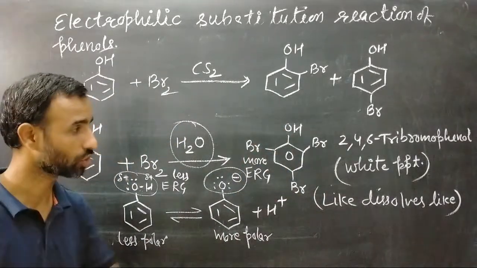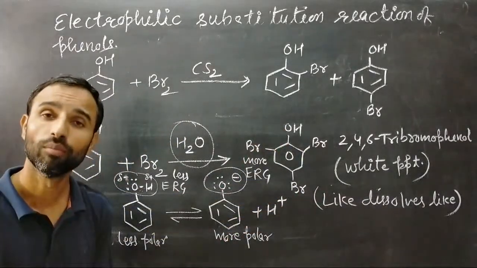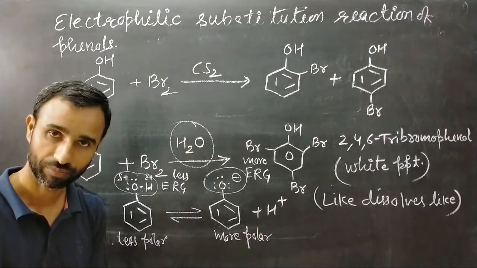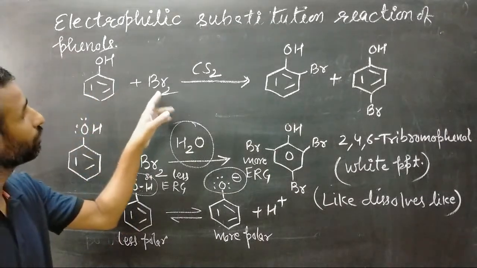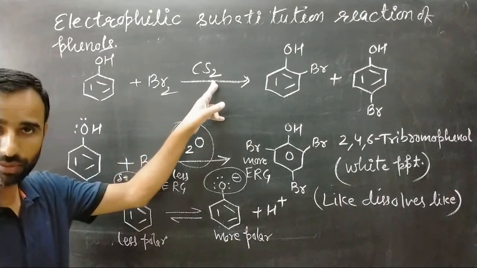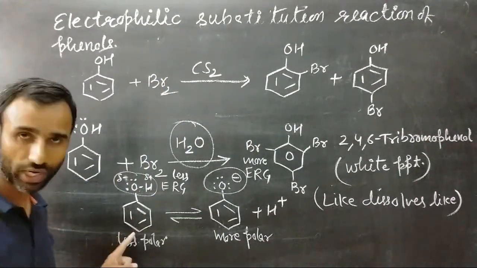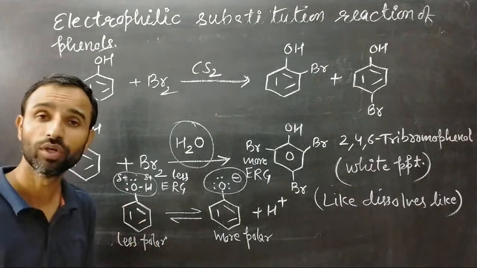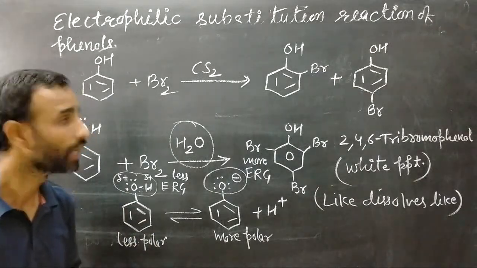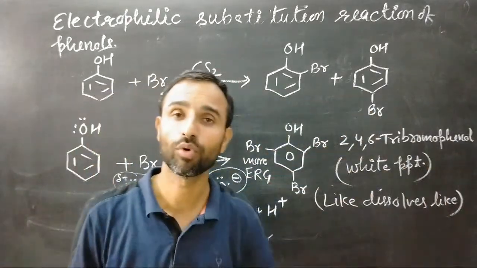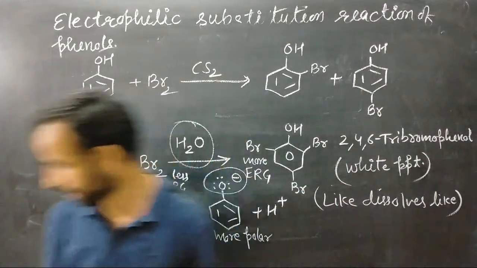We cannot stop it at the mono-bromo stage. But in case of bromination in non-polar medium, this exists as phenol only, which is a less electron releasing group, and we get mono-bromo products. Yes, any doubt?